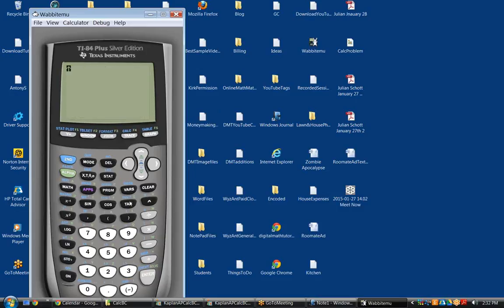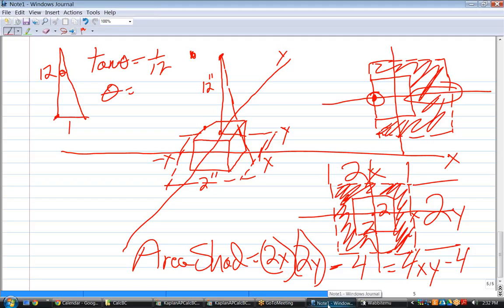So I want the inverse tangent of 1 divided by 12, 4.76 degrees. So now, not sure I know much, but I know that this is 4.76 degrees, the angle at which that light is going to hit that edge.